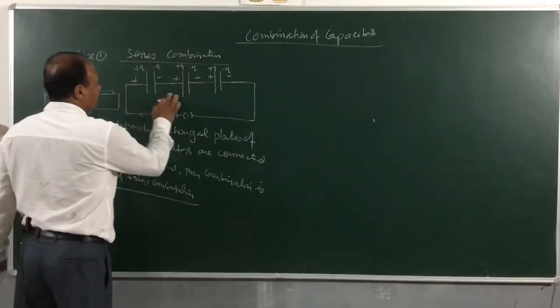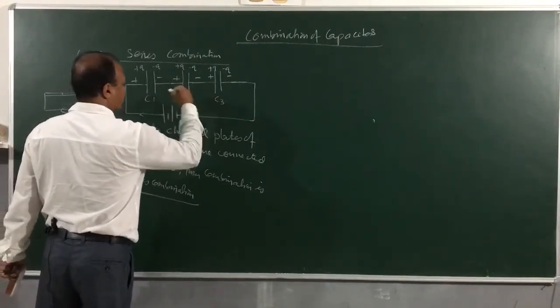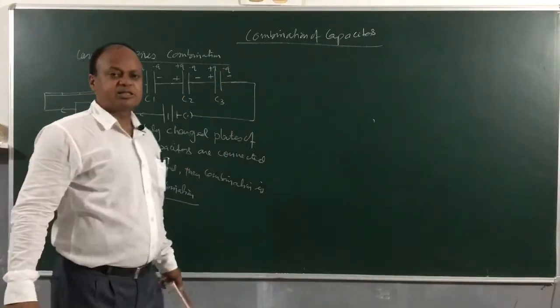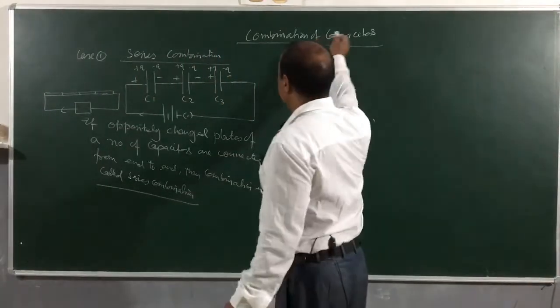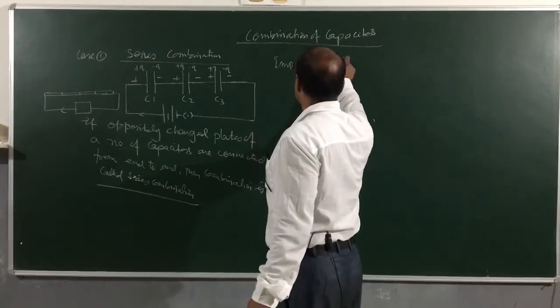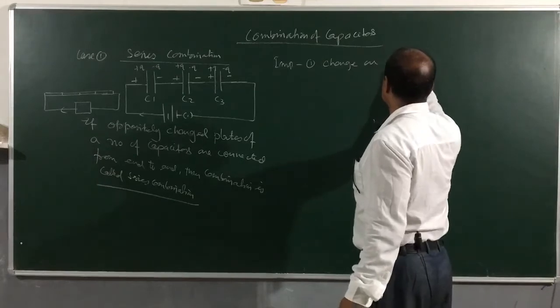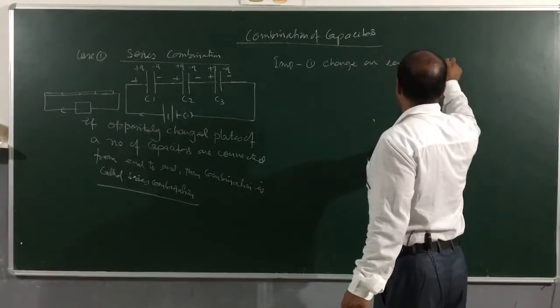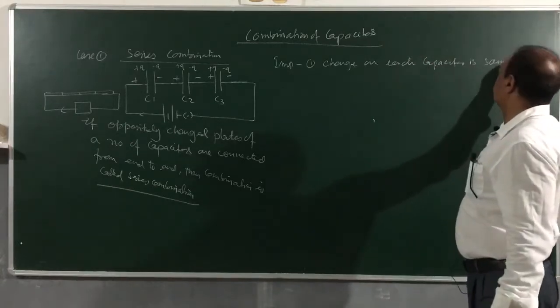And then I'll assume the capacitances being C1, C2, C3. I can put as many capacitors as I want here. So what is important that you have to remember in series combination? Number one, charge on each capacitor is the same. Very important.